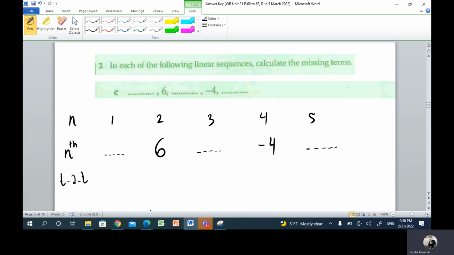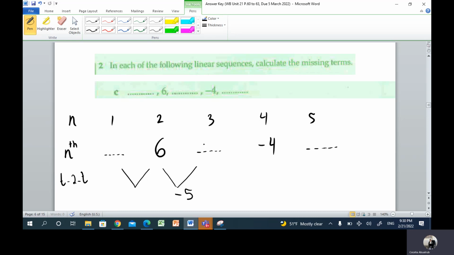So let's say that from this term to this term, we always start from here, for example, that we are subtracting 5.